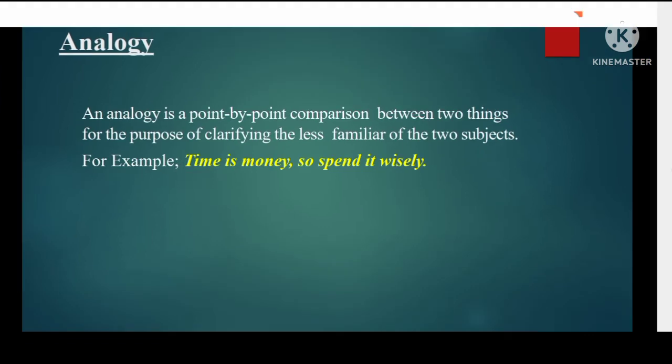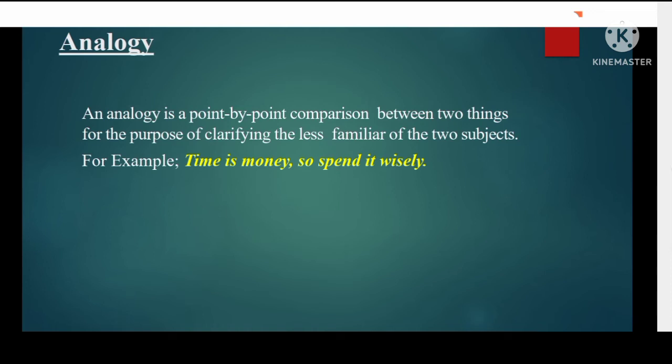An analogy is a point-by-point comparison between two things for the purpose of clarifying the less familiar of the two objects. The two objects that we are going to compare both have a common characteristic or trait on the basis of which we draw a metaphorical comparison between them. Time is money, so spend it wisely.